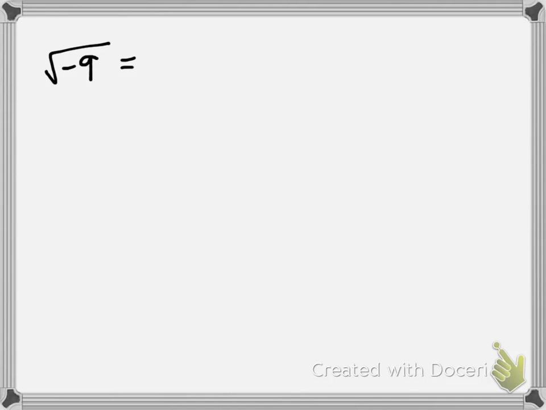Okay? There is no number, because if you square any number, it becomes positive, because a negative times a negative is a positive, or a positive times a positive is a positive. So there is no real number that gives a solution to this equation. Okay, so that's the answer. No real number.